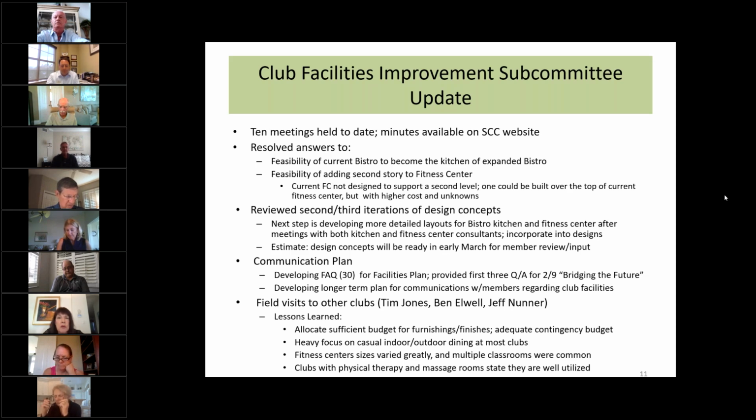We've also had a general contractor look at the feasibility of adding a second story to the fitness center. And we learned that the current fitness center was not designed to support a second level. However, you could build one over the top of the current fitness center.